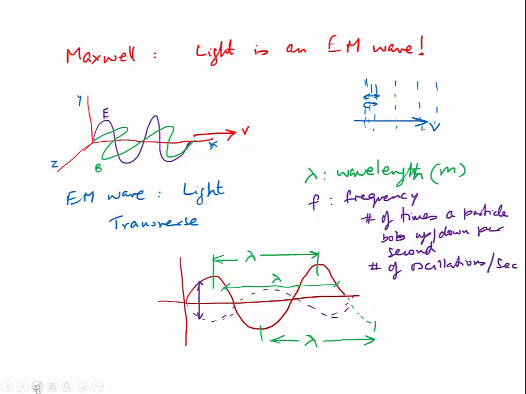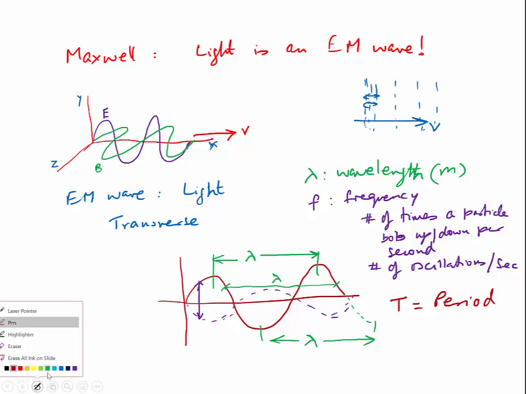You'll remember from Physics 1, the previous class, that we talked about period or time period. And for a wave or an oscillation, that was the time it took to complete one full cycle. And you'll remember that we said a frequency is simply 1 over T. So it's 1 over how long it takes to make one full oscillation.